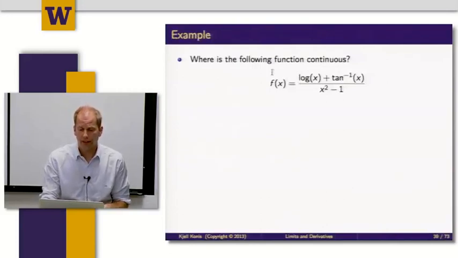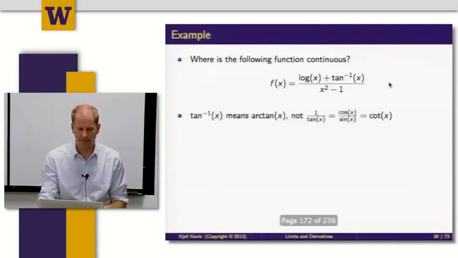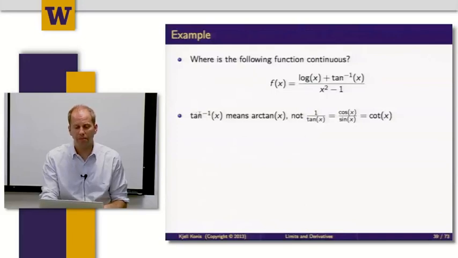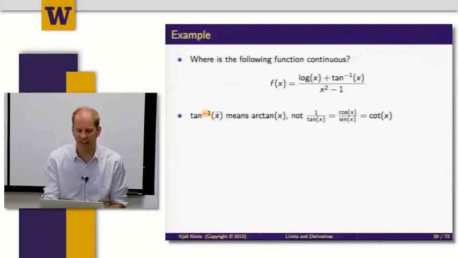And so just a quick example. Where is the following function continuous? It's log of x plus arctangent of x divided by x squared minus 1. This is a bit confusing sometimes, because if I put a 2 there, generally I mean tangent squared. If I put a negative 1 there, I don't mean 1 over tangent. I mean arctangent usually.